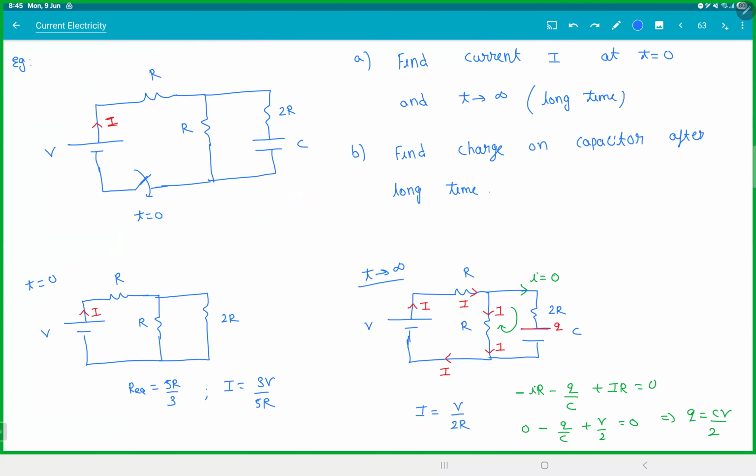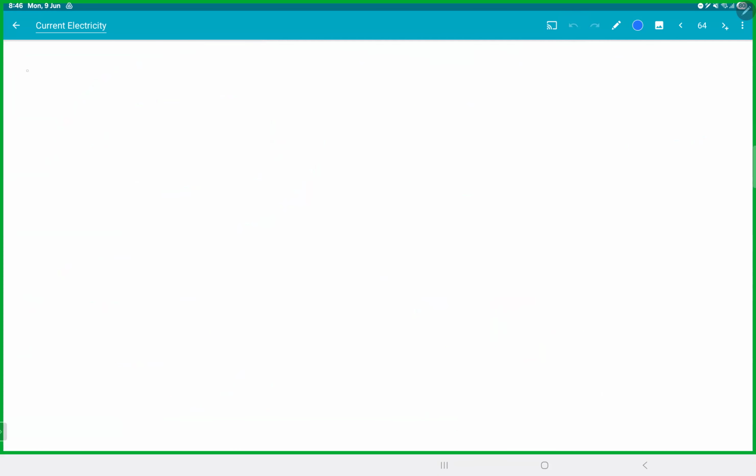The current has changed. Current used to be 3V by 5R, it has become V by 2R. Any doubts on the example? Yeah, go ahead. Now you guys try this.